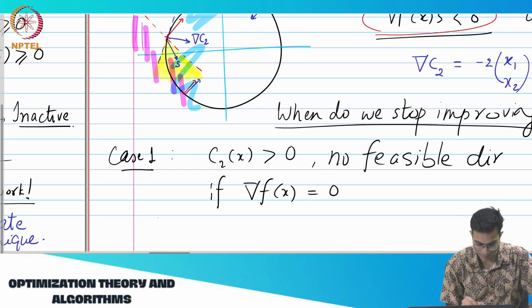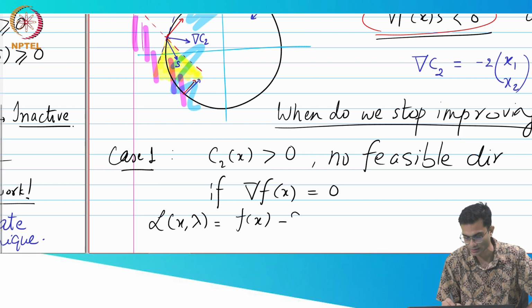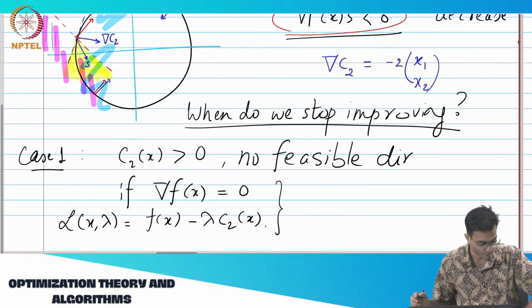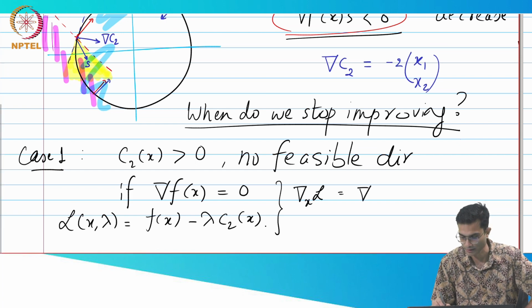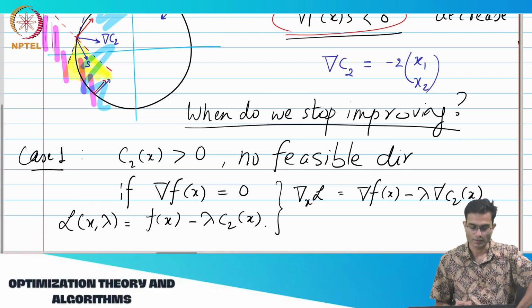Remember the Lagrangian L of x, lambda was F of x minus lambda C2 of x. And the gradient of the Lagrangian with respect to x will be grad f of x minus lambda grad C2 of x.